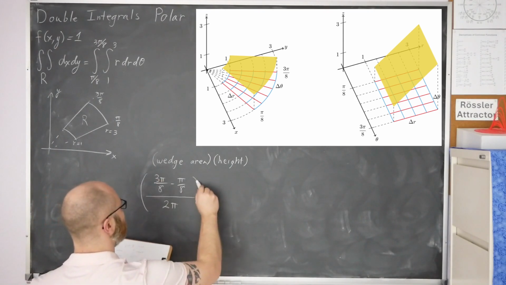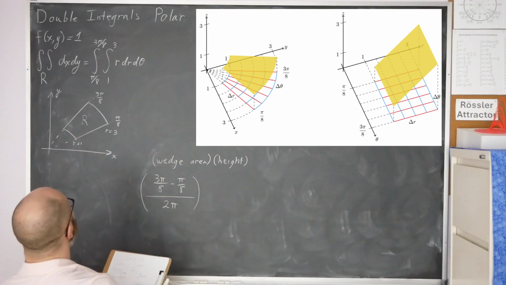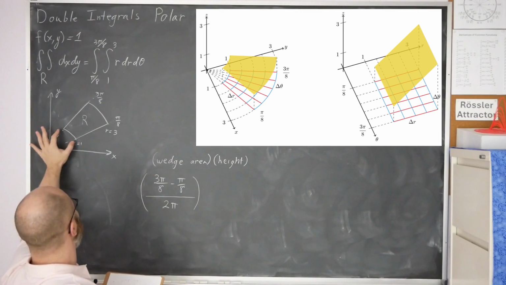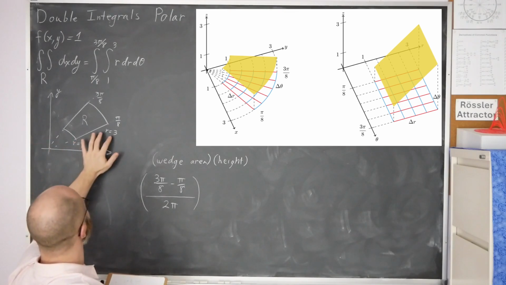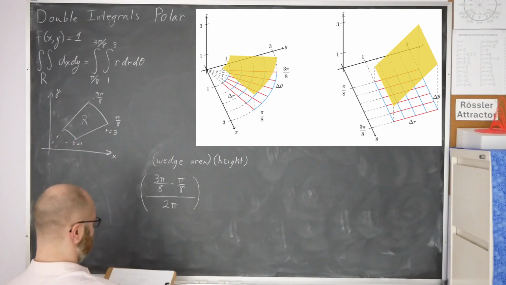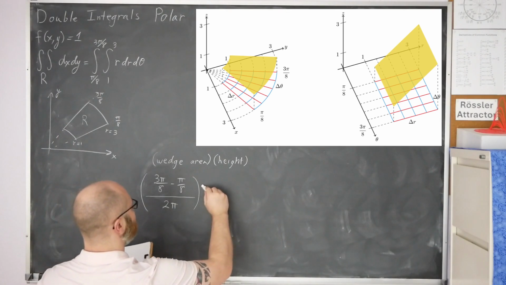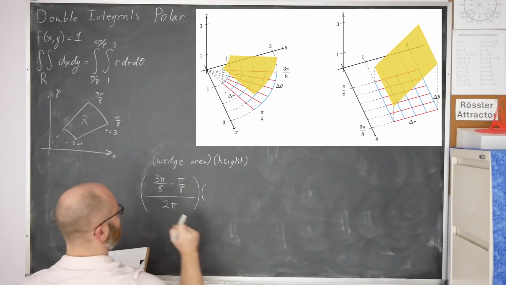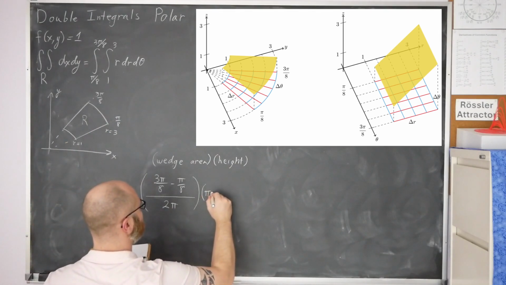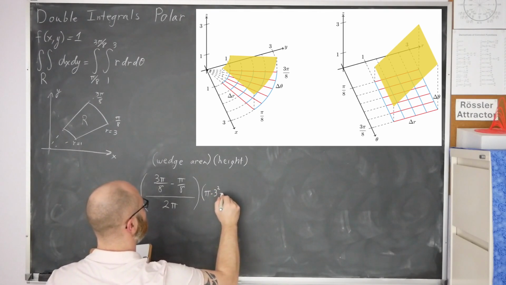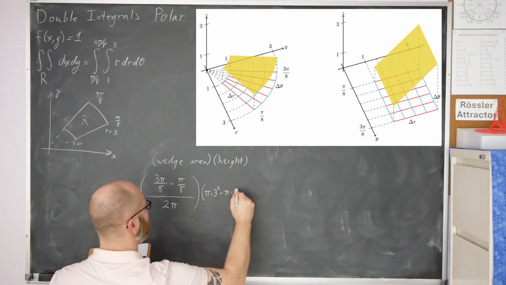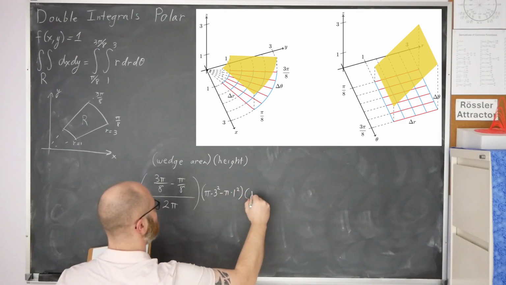Then I'm going to multiply that by the area of a ring, which has inner radius 1 and outer radius 3. So I take the area of a circle of radius 3, pi r squared, so pi times 3 squared, minus the inner circle, pi times 1 squared, then times the height, which is 1.